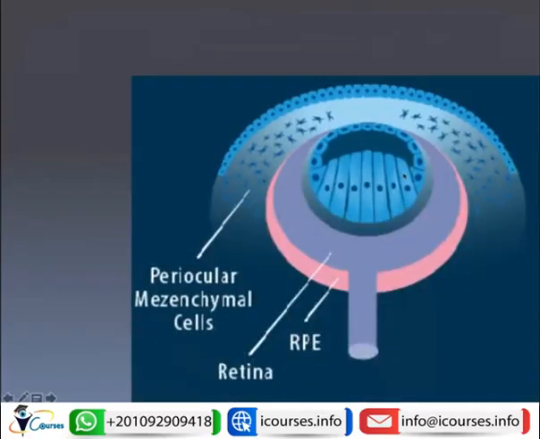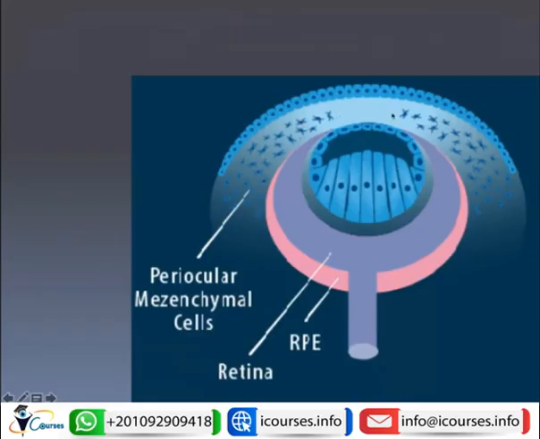Here we can see the developing lens. These are the posterior lens fibers, or the primary lens fibers, and this is the developing edge of the optic cup, formed of the inner layer and the outer layer. This is the developing cornea, and here is the endothelium, and we have three mesenchymal waves surrounding the area of the optic cup.